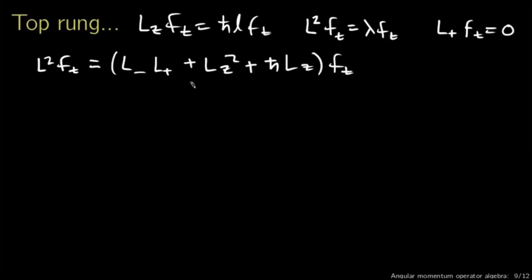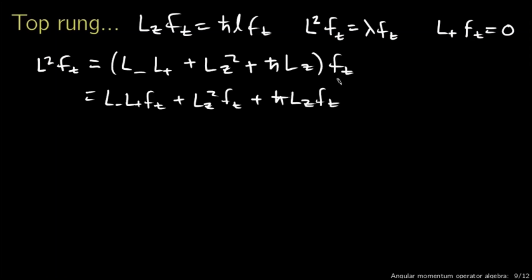So I've just taken the bottom sign from the expression on the previous page for L squared. Now I know all of the terms here. If I expand this out, I have L minus L plus f_t plus Lz squared f_t plus h bar Lz f_t. This guy, L plus f_t, that's 0. So this term drops out.